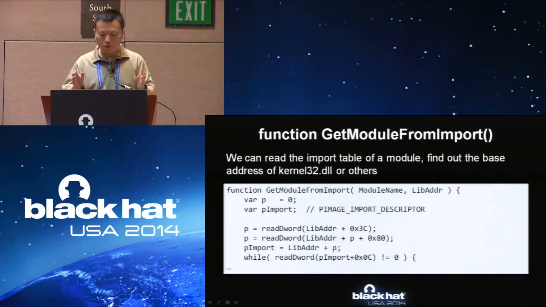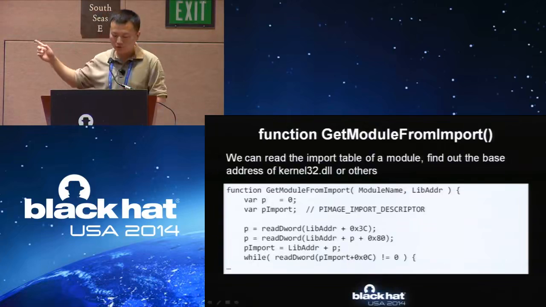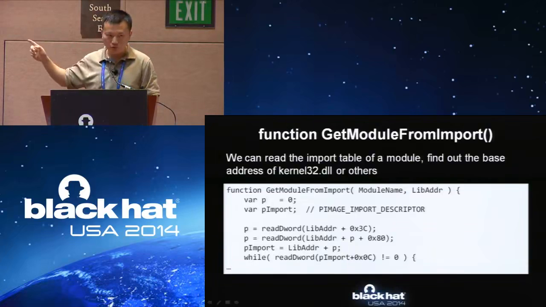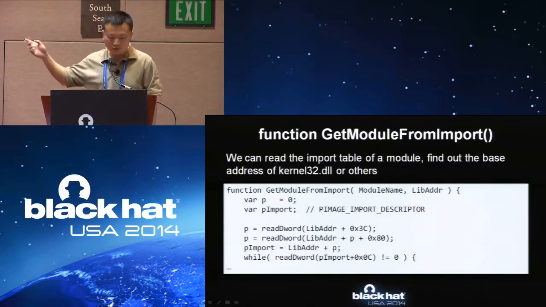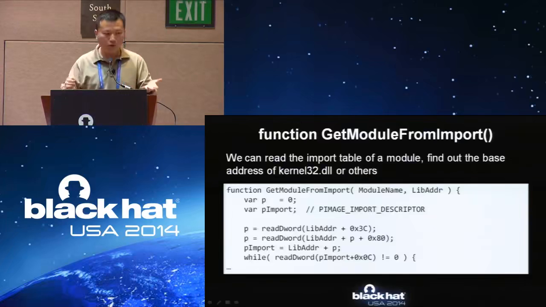When we get a module's base address but this module is not what we want, we can use that function to find any module in the import table, like kernel32. This function will read a module's import table and find the other module we need.